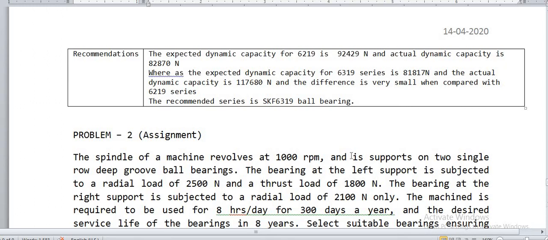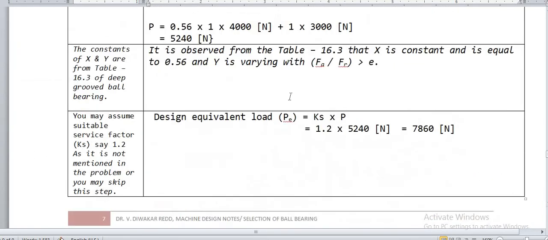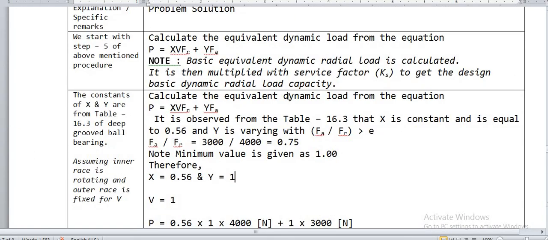If you have any doubts, please raise them. I will try to clarify. The procedure is the same. You have to understand two things. One is when the bearing is already selected and you are supposed to calculate the life of the bearing. The other is when the life of the bearing is given, and you need to select the ball bearing. For selecting the ball bearing, I explained the procedure in problem number 2.